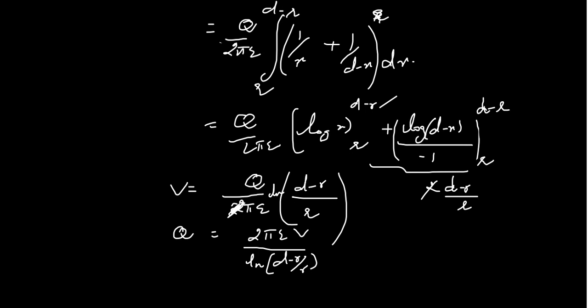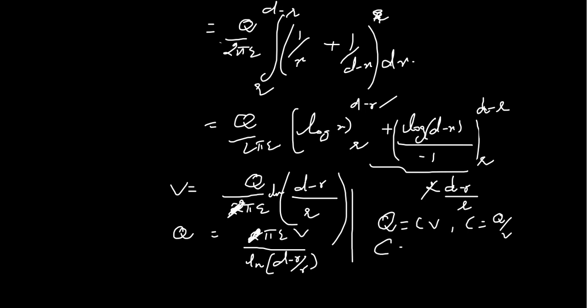So that you can write Q is equal to 2 pi epsilon V divided by ln of (d minus r) divided by r. Now we can use this relation, Q is equal to C into V, the value of capacitance multiplied by the potential. So C is equal to Q by V. From this, what we want to find is capacitance.